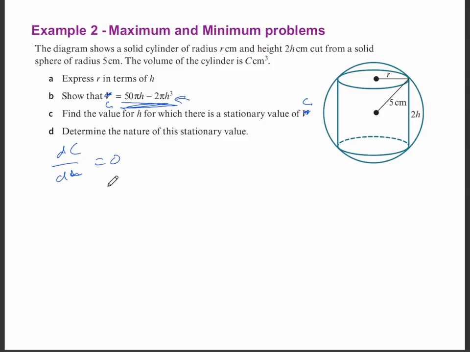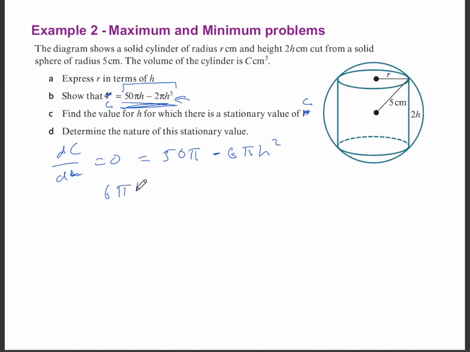Therefore, we're going to differentiate this equation, and we are going to get 50 pi minus 6 pi h squared. Remember, pi is a constant, so you just treat it like a number. And you want that to equal 0.